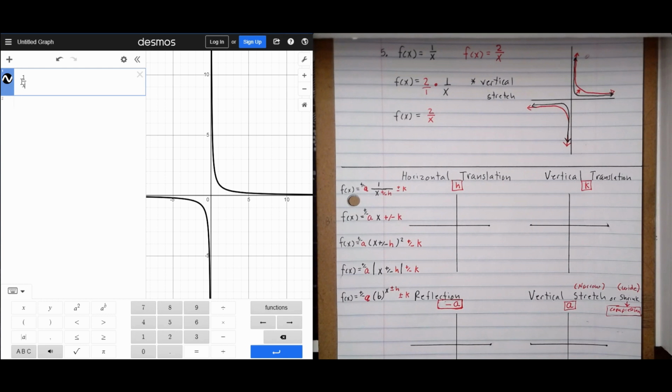And I'm going to transform it real quick. I'm going to put a 5 in front of it. So 5 times 1 over x. Actually, let's go here. Let's put 5. Put a 5 in front of it.